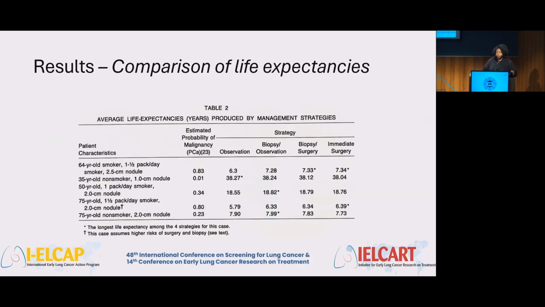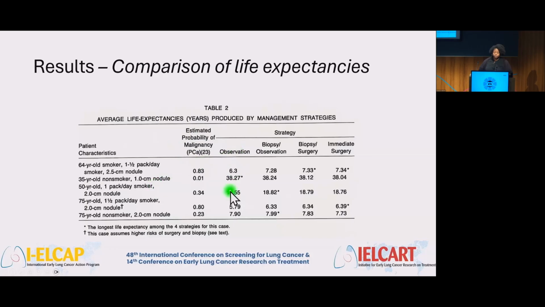The results of this particular model here is one of the tables from the paper, and it shows you different scenarios. We have different ages and patient characteristics. We have the estimated probability of malignancy that's a part of the model. This is one of the parameters.